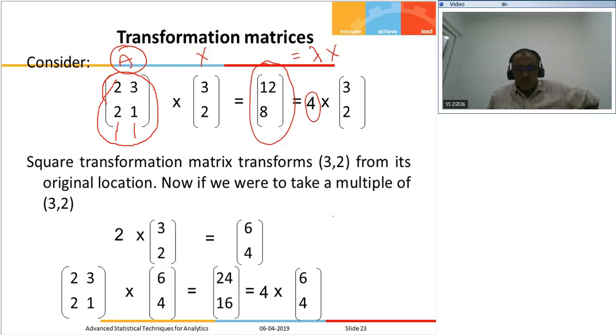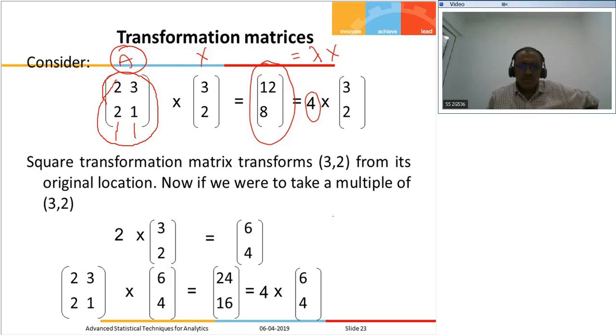Now I take another column matrix or column vector. So 2, 3 and 2, 1 is a matrix, and 3, 2 is another matrix, and I do the multiplication here. I hope we know how to multiply this. How we multiply is very simple.